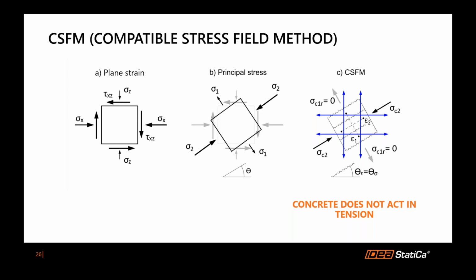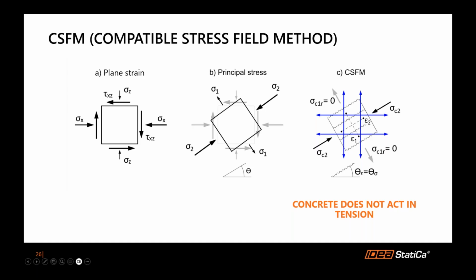Consequently, the tensile stress sigma c1r equals 0. To prevent the failure, all tensile stress must be carried by the reinforcement, in this picture indicated by the blue lines. Which is why I have mentioned that the reinforcement must be included in the model.